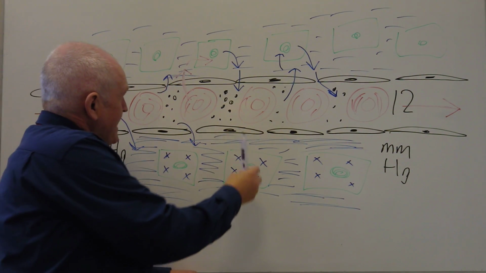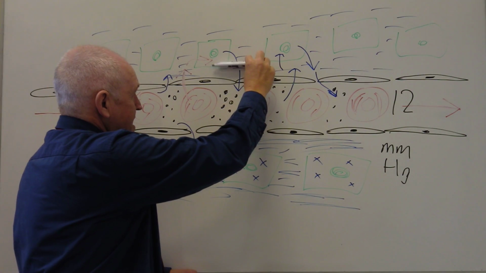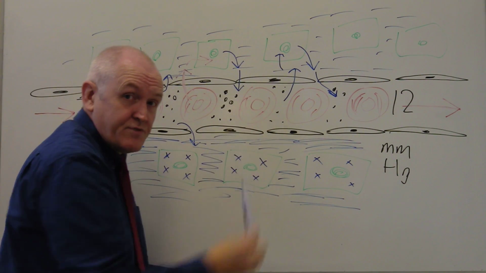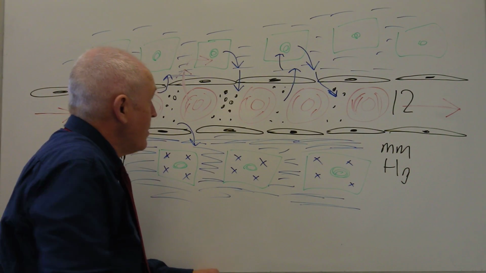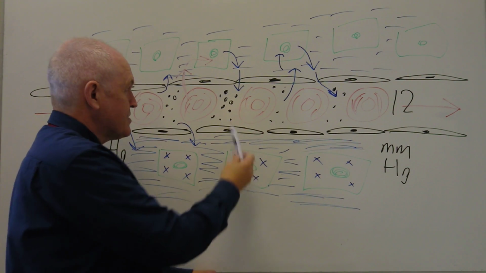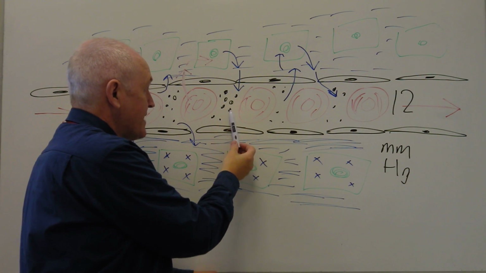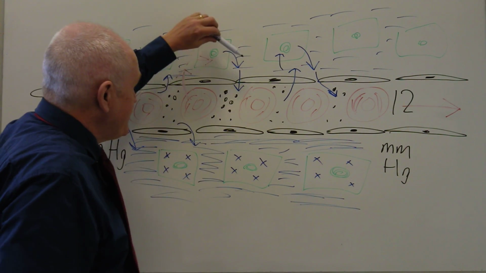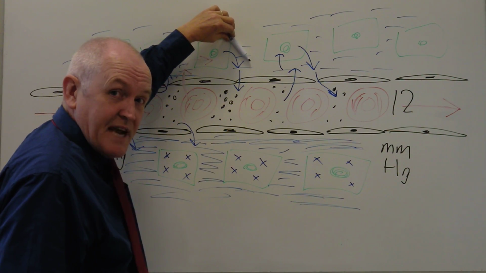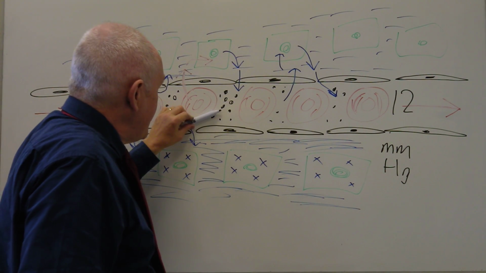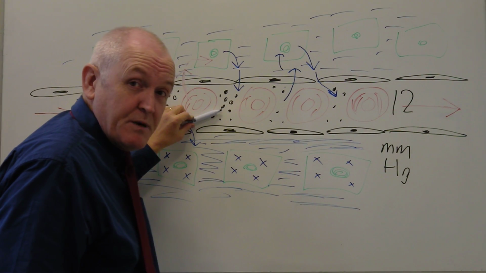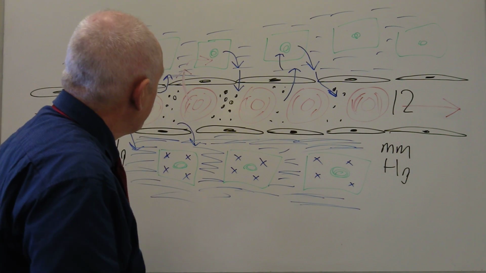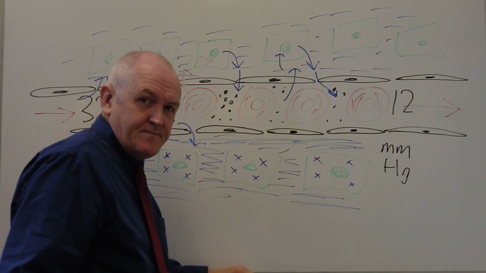So what that means is we end up with an area here in the tissue fluid that is watery, because the small molecules have got out, but the big molecules that make the blood a colloid can't get out, and they're still there. So the tissue fluid is a relatively watery area, whereas the plasma, because a lot of the space is taken up with the plasma proteins, is a less watery area.